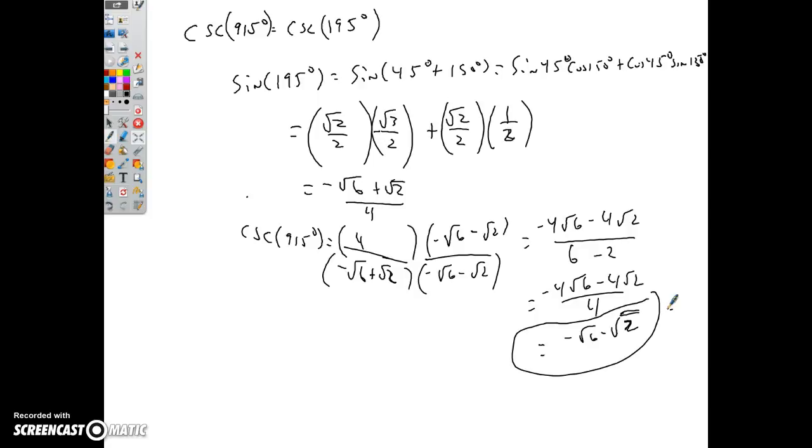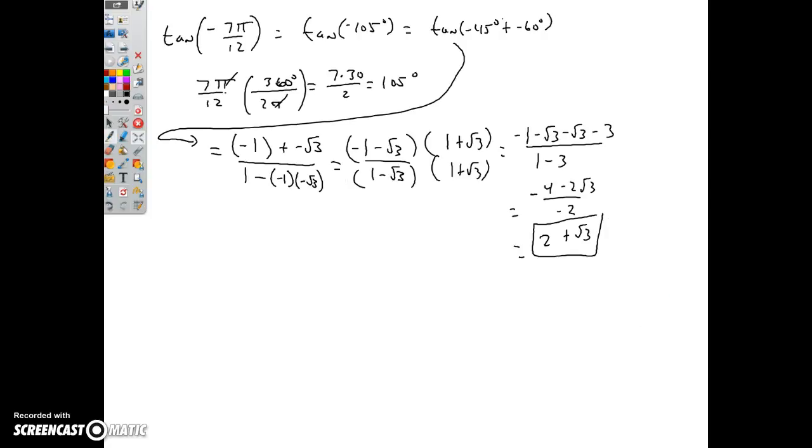All right, good. Keep going then. Problem number 5. I have one version on the board. The answer should match yours, though, even if you did it a different way.